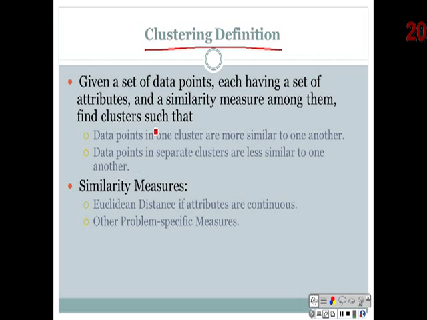And there are a lot of different similarity measures. The most famous one is the Euclidean distance, and other problem-specific measures depend on the type of the measure that you're using, and we're going to see some different measures. But the most famous one, and definitely you heard about it from high school, is the Euclidean distance.